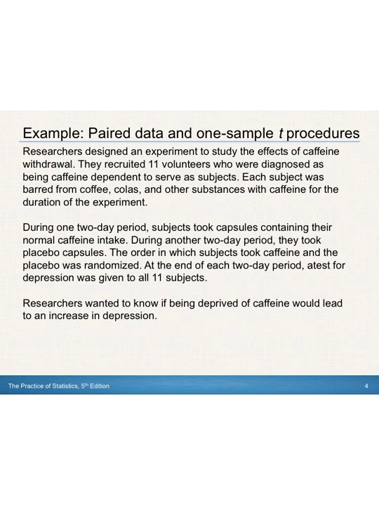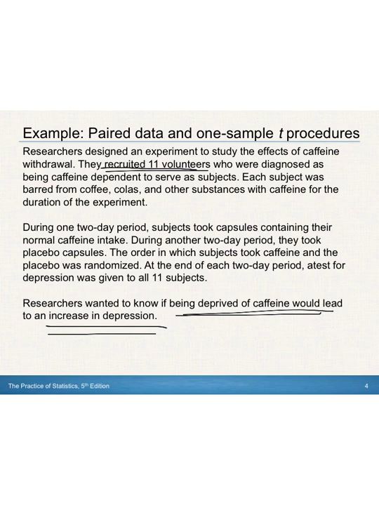So imagine you're researchers and you're interested in knowing whether caffeine affects depression. And so you're designing a study, and this is what the researchers decided to do. They recruited 11 volunteers who were diagnosed as being caffeine dependent. So they already had that in common.